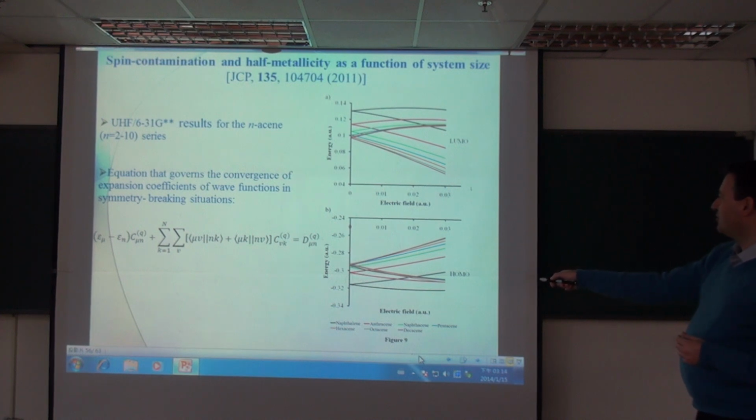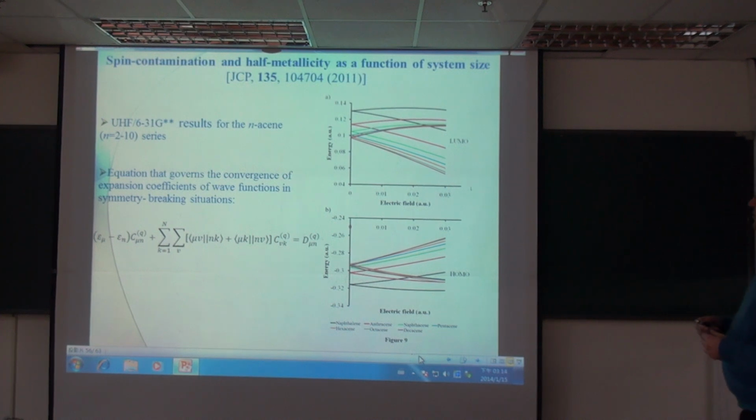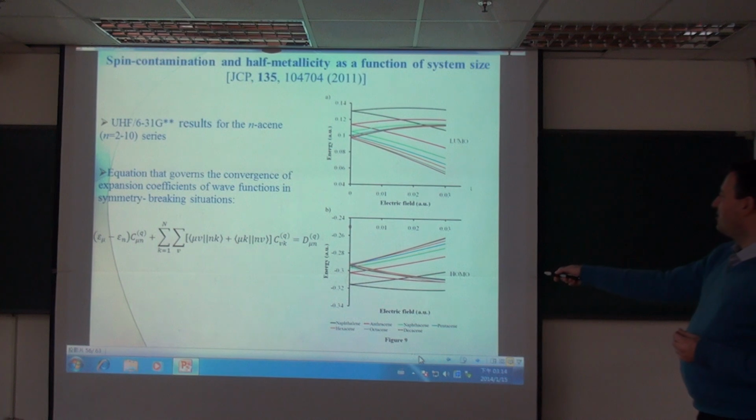This equation was derived by Sundholm and his co-workers in the 70s by means of one-electron perturbation theory. Here, Q is the order in the perturbation expansion, while D, the first order term, corresponds to minus the energy gradient in the direction of the symmetry breaking transformation.